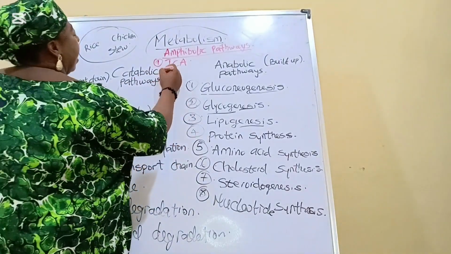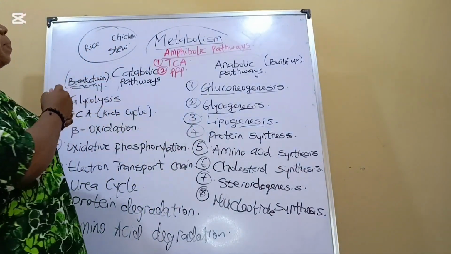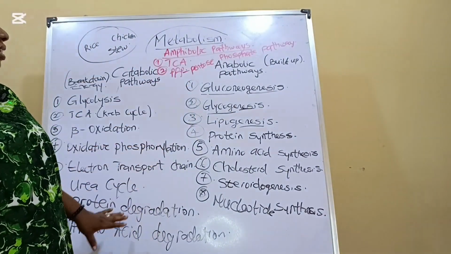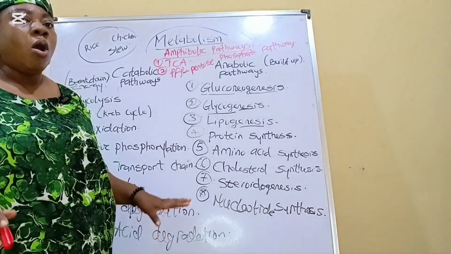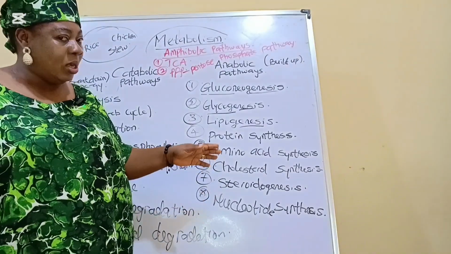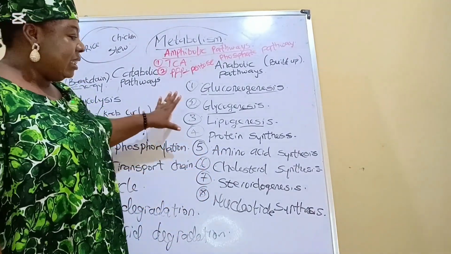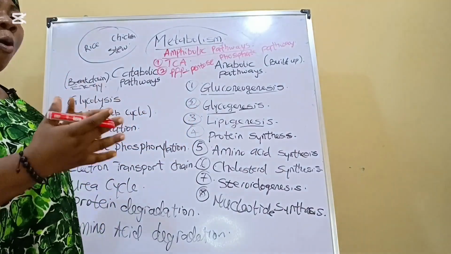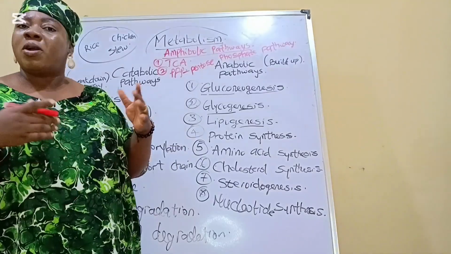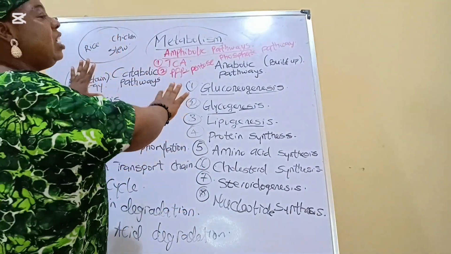Number 2 is PPP, the pentose phosphate pathway. I want us to limit our example to this. Although we still have different metabolic pathways, these are the most common pathways that you hear people mention. So let's limit our example to these ones.